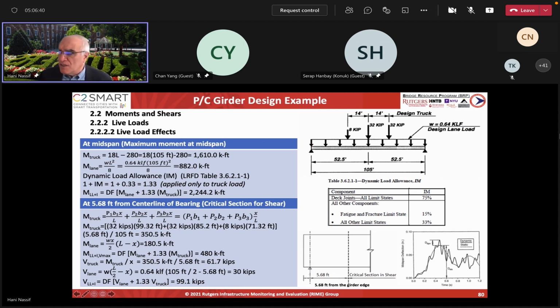And then you can get the moment of the truck at that particular section, and you put the lane also in the same way. Then the maximum moment and impact, using the same approach, you get 480 kip-feet. So that's the live load moment at the critical shear section.